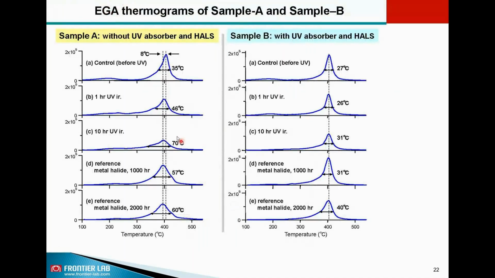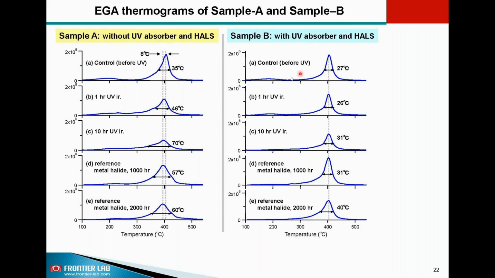As I have shown previously, when you expose the sample to the UV light, you will see a change in the peak shape and peak height when they are being degraded. One of the key reasons is the reduction of molecular weight. So you will see the reduction of peak, also the broadening of peak. You can see the temperature difference starting from 35 up to 60.